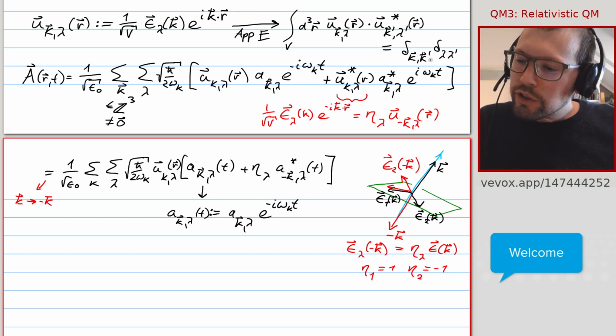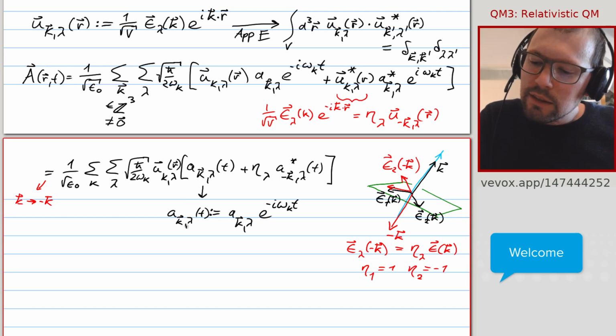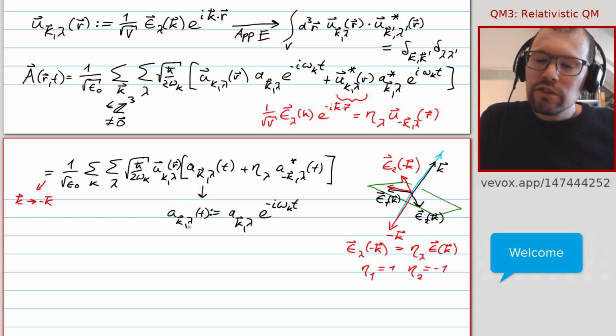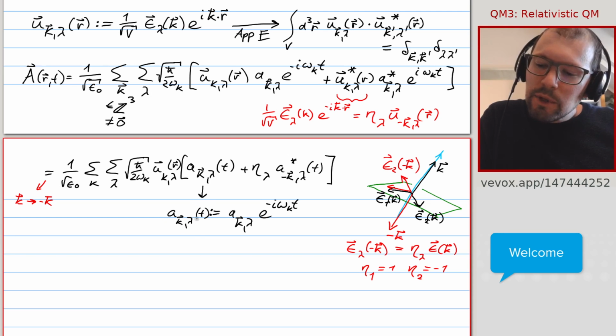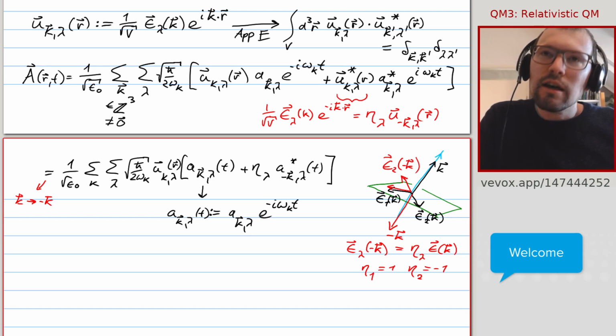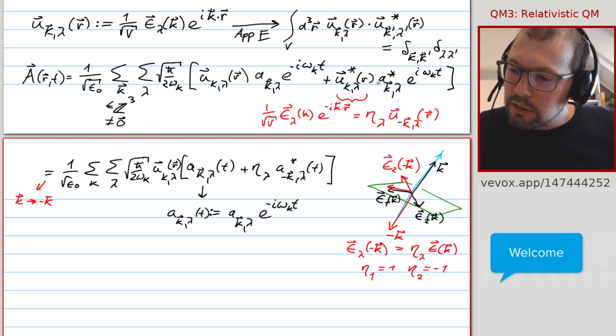Yeah, so I'm putting the time dependence in the time dependence of a. I'm just defining a_k lambda's time dependence as being a_k lambda times this phase factor. So for the first term, it takes these two together, and for the second term, it just takes these two together.